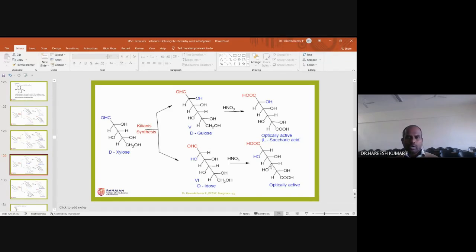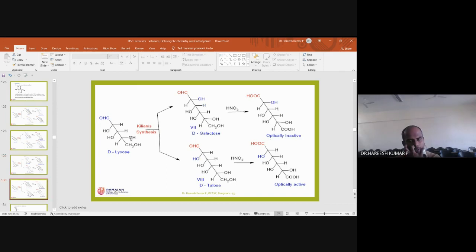So, in the next slide, again, I am taking one more aldopentose, that is called lyxose, and I am converting the lyxose into hexoses. Okay, so this is the lyxose. This D-lyxose is subjected to Kiliani-Fischer synthesis.